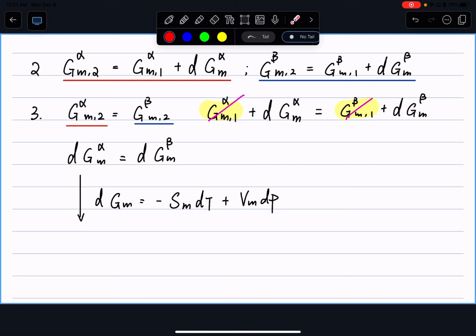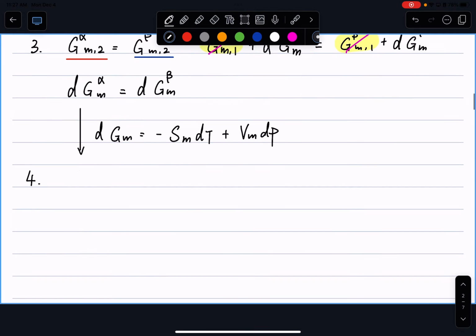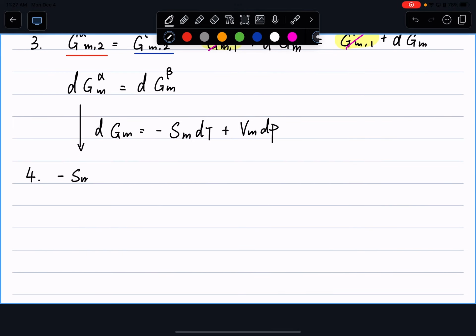All right, next up. We're just plugging this expression of your Gibbs free energy into here. What do we have? Well, just plugging in, we have negative molar entropy in phase alpha dT plus molar volume in phase alpha dP. That equals, on the right-hand side, phase beta: negative molar entropy in phase beta dT plus molar volume in phase beta dP.